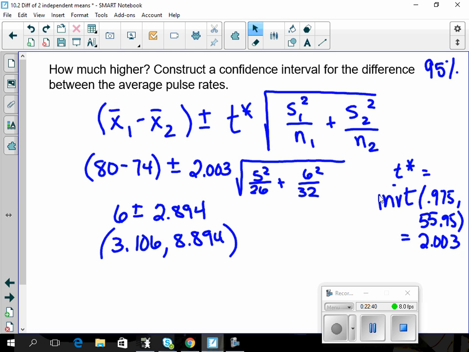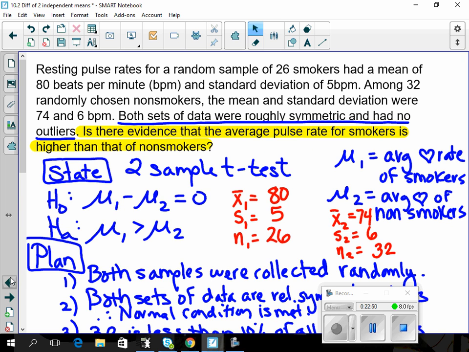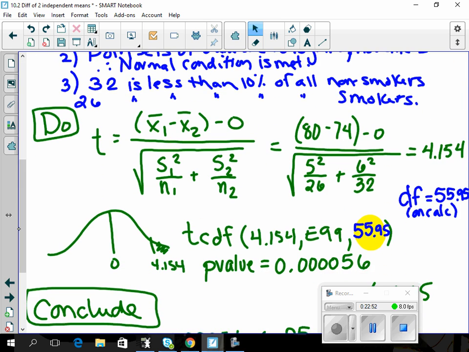If you have to write which degree of freedom you used, I literally, like on the other problem, just wrote degree of freedom on calc. Or you can just say degree of freedom and then give me 25. And you could say smallest sample size -1. That part's not necessary. The on calc part would be necessary.